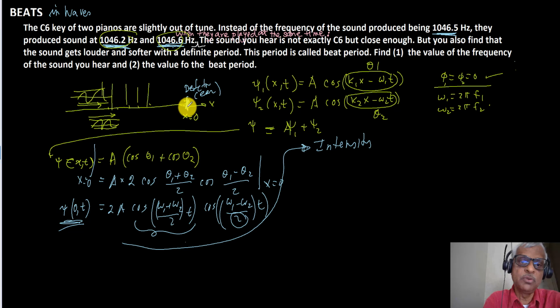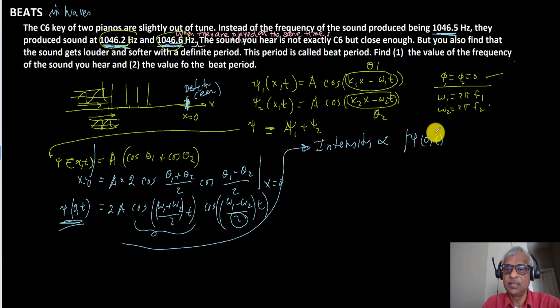What we hear is not the amplitude per se, but intensity. That's what we perceive. So intensity is proportional to psi of 0, t squared, and we have to time average.